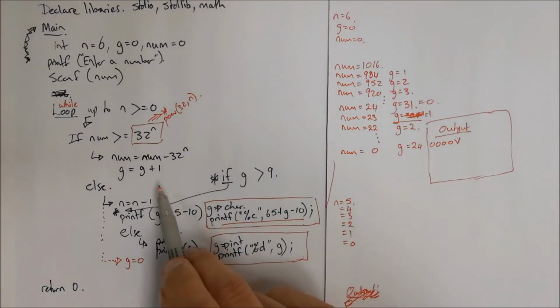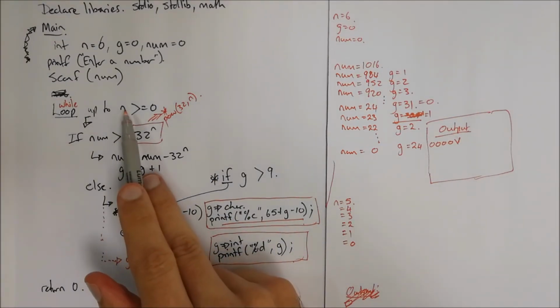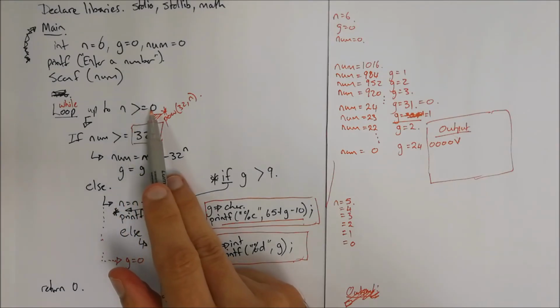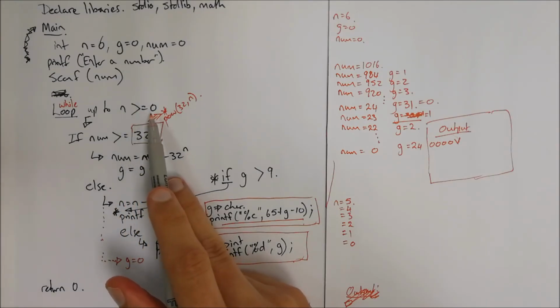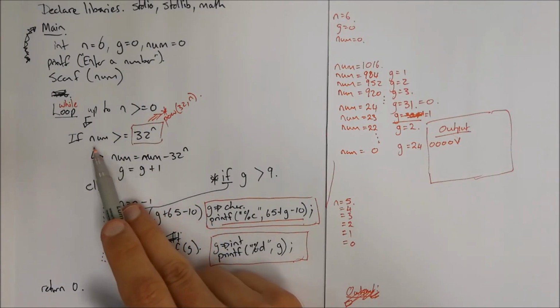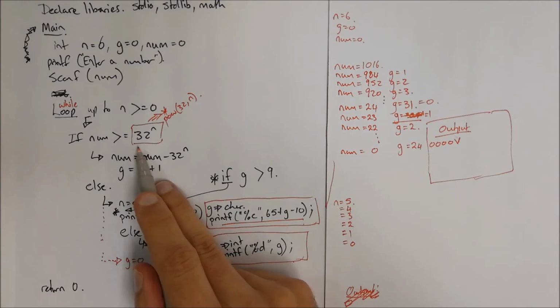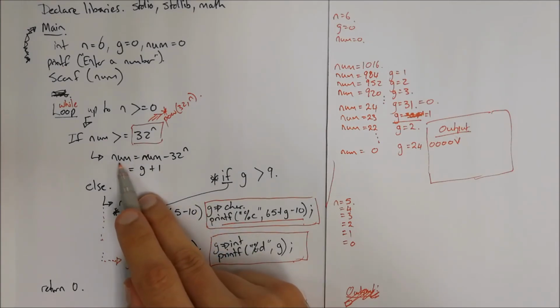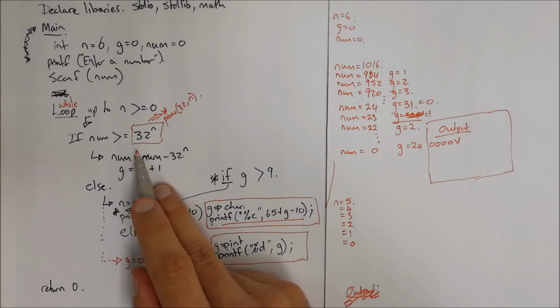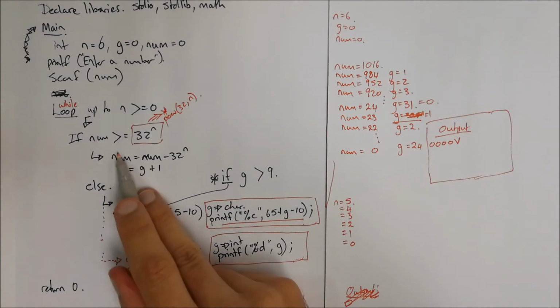Okay. So now again we come to the top over here. Is n larger than or equal to 0? Yes, it is. So we can go into the loop. Is the value of num, which is now 0, larger than or equal to 1? No, it's not. So this part of the if statement will be ignored.